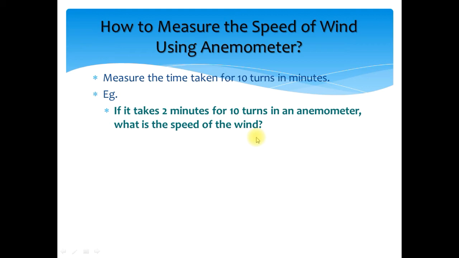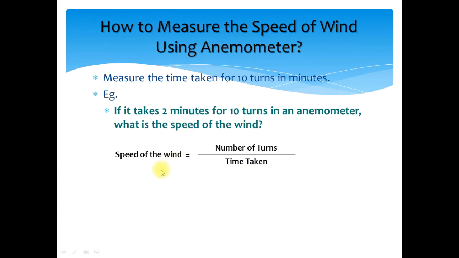There is an equation to find the speed of the wind, and that is: speed of the wind equals the number of turns divided by time taken.